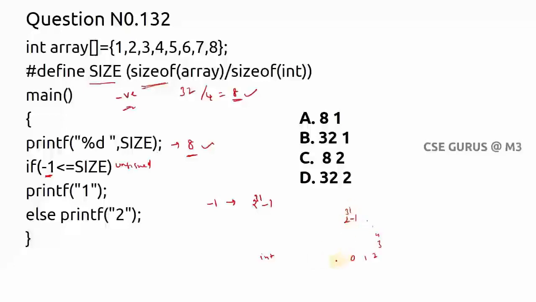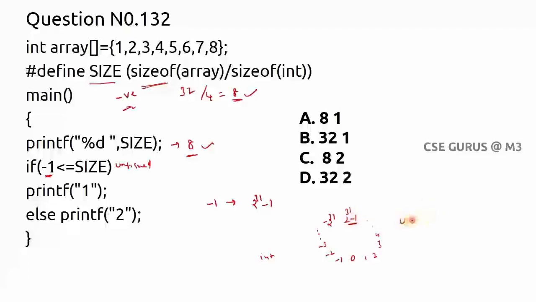On the negative side, the values are minus 1, minus 2, minus 3, like this up to minus 2 power 31. If you still decrement, the value will be plus 2 power 31 minus 1. Like this the compiler takes.